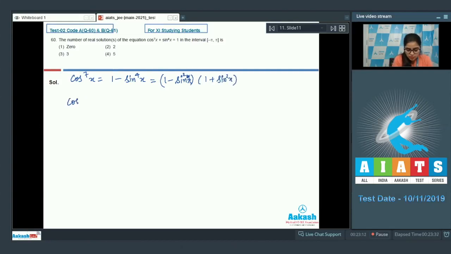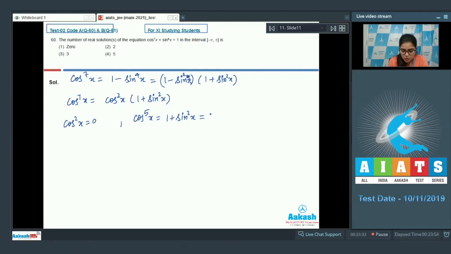So here cos to the power 7x is equal to cos square x into 1 plus sin square x. So you can say cos square x is equal to 0 is one solution and cos to the power 5x is equal to 1 plus sin square x is your another solution.